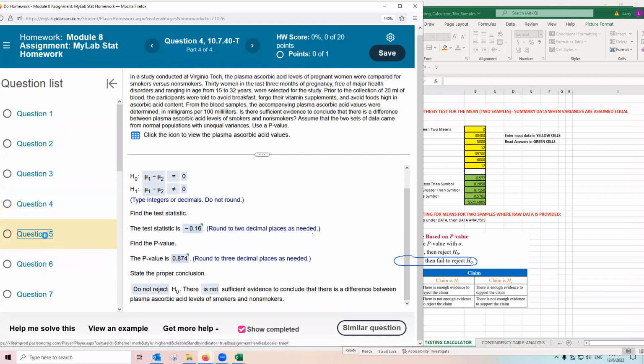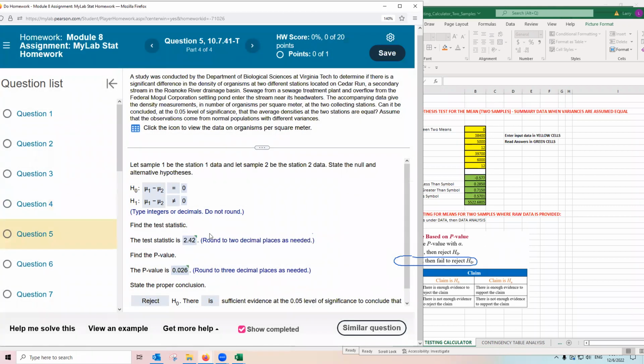All right, let me do a couple more examples quickly here. Let's take a look at this one. This says study was conducted at Virginia Tech. Is there a difference in the density of organisms at two different stations on a stream? Okay.